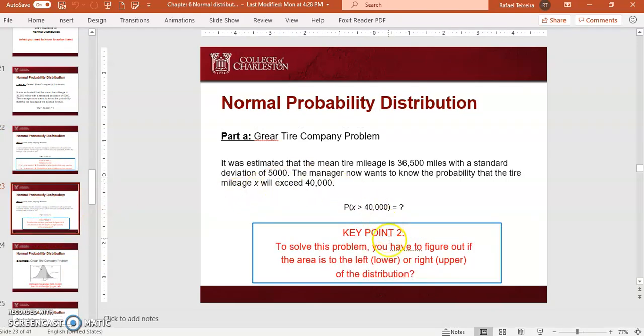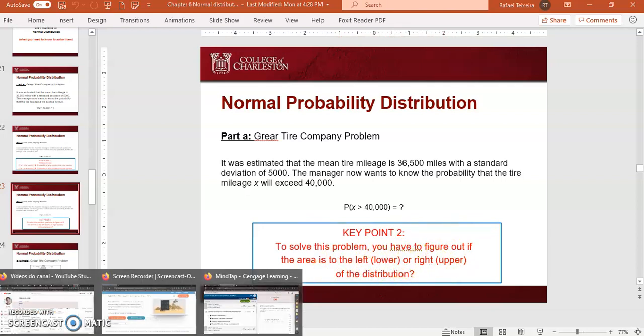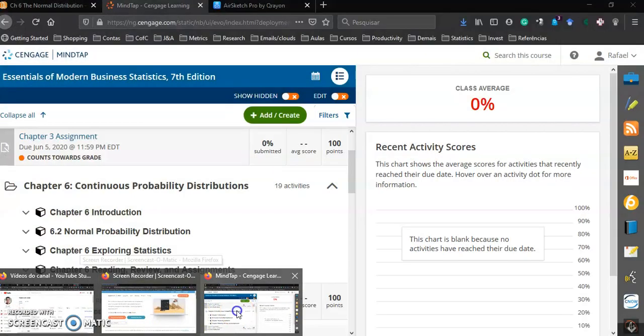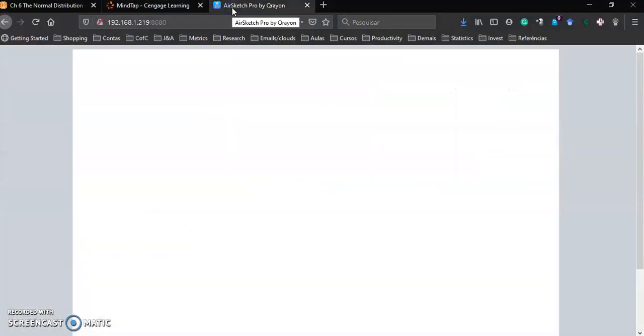The second is you have to draw, always draw, to understand what you're talking about, and also to understand if you're talking about the left or right, the lower or upper tail of the distribution. Let me show you how you can interpret that. I always start by drawing the normal distribution, something like that.